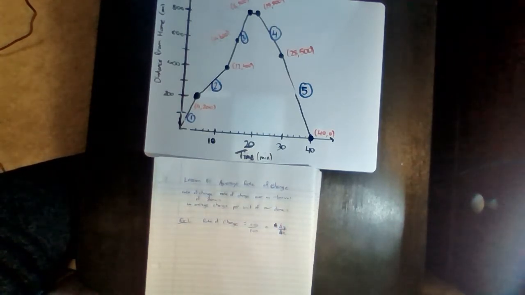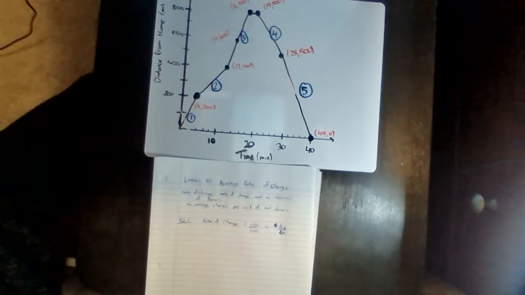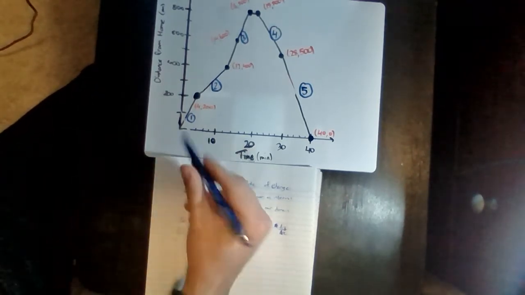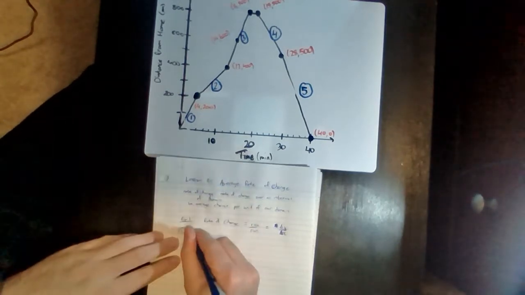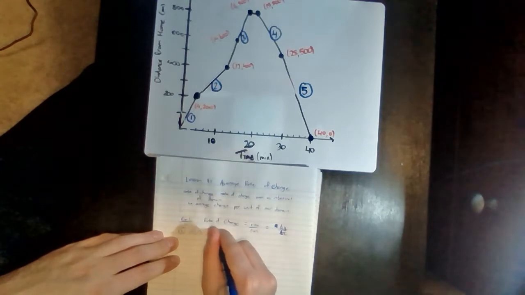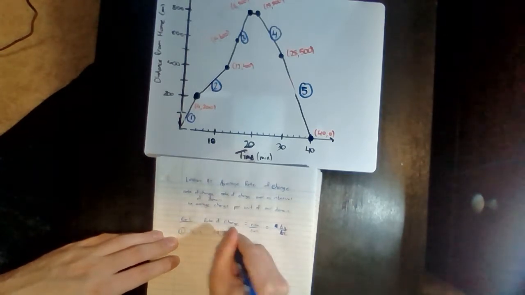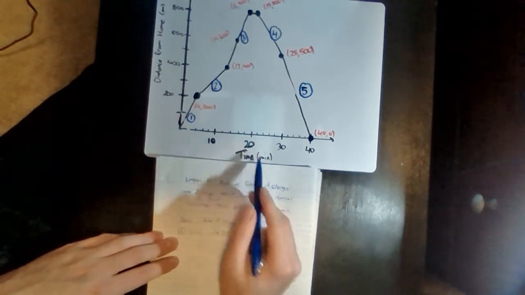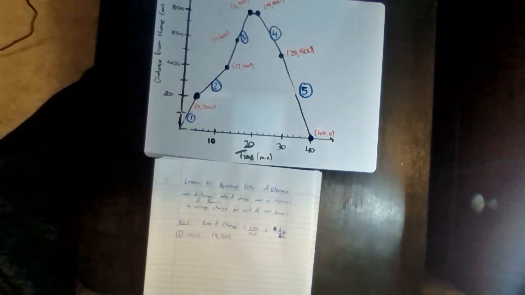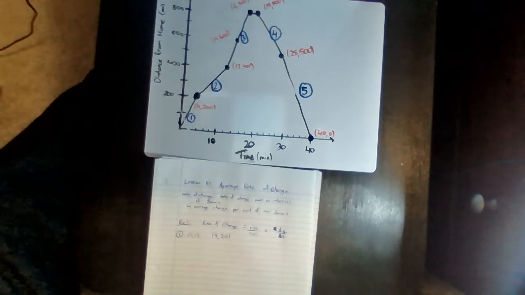So for our first section, the first section is going from 0, 0 to 4, 200. Our x is time in minutes. Our y is the distance from home in meters.